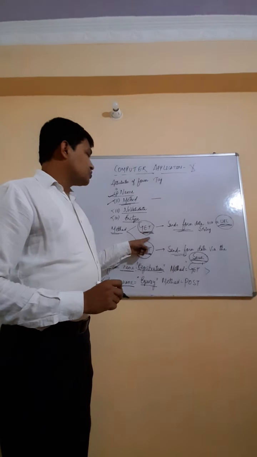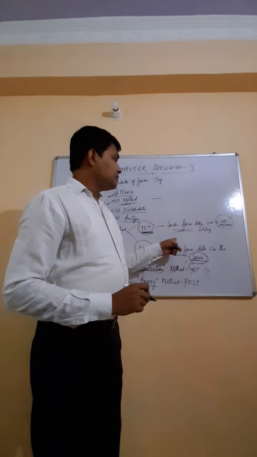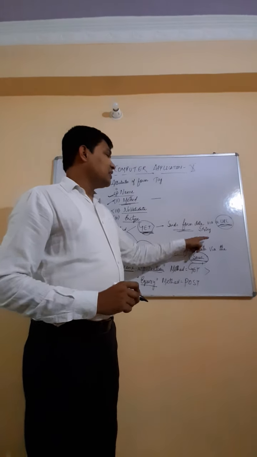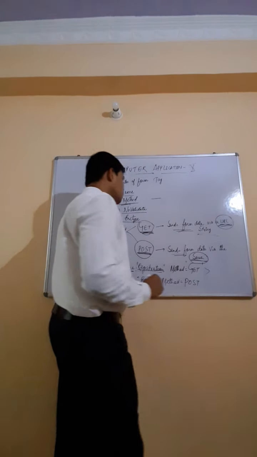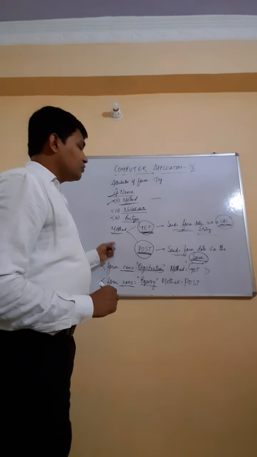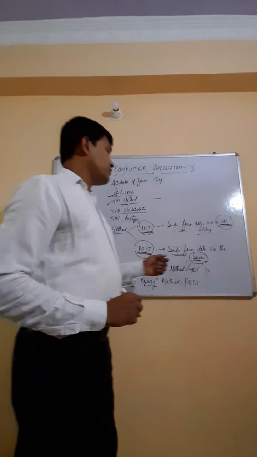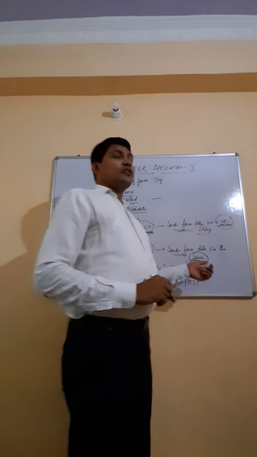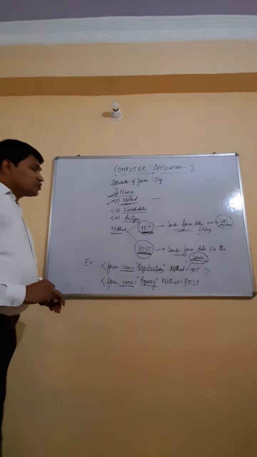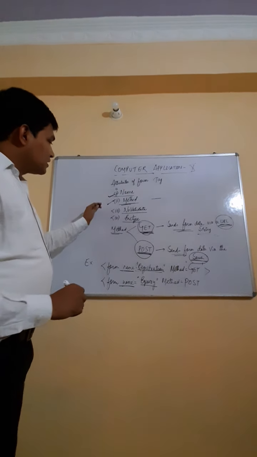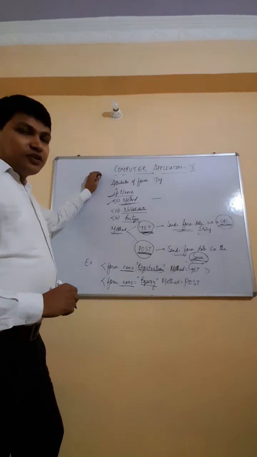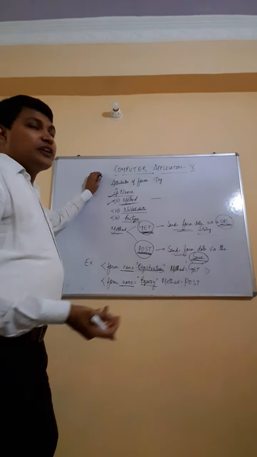When you want to send the data from the form via a URL, you have to use the get method. And when you want to send the data via a server method, you have to use the post method. So students, there are two methods that we use in the form to send the data to the server.